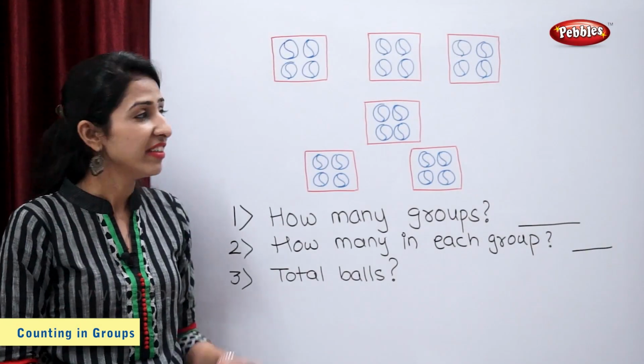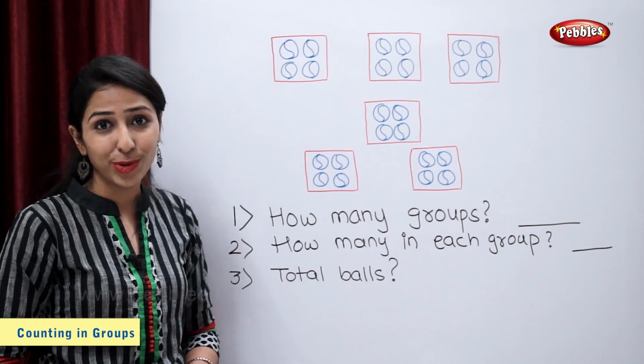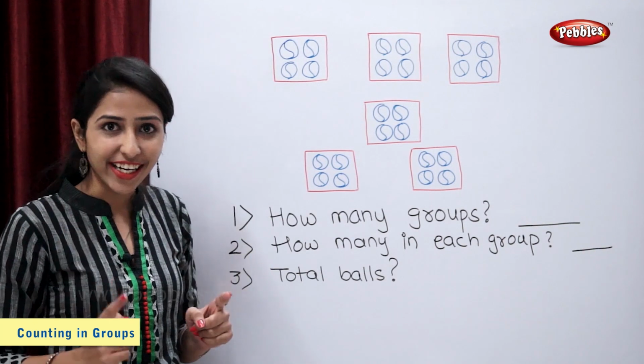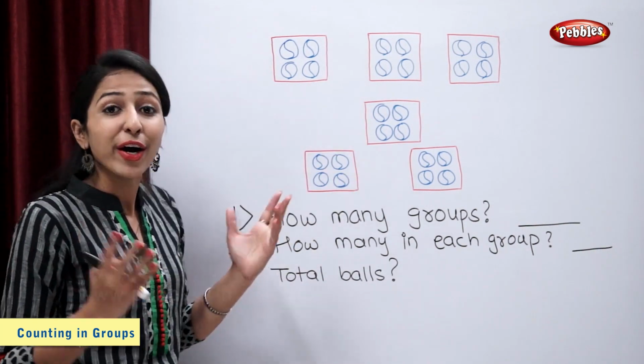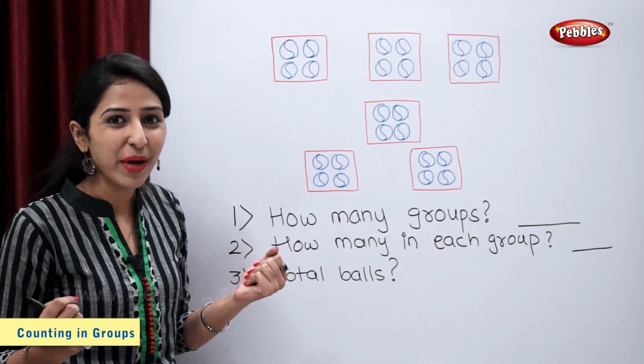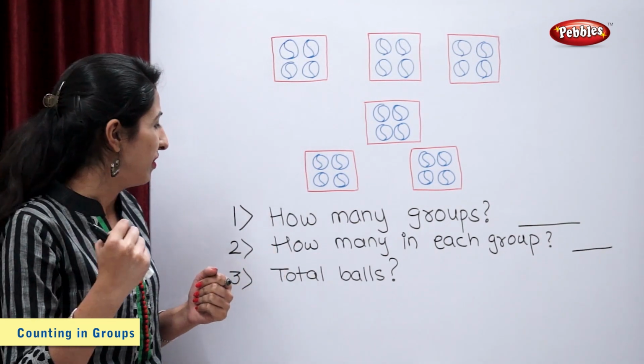Now let us solve this example. Students, there are some balls on the board. These balls are arranged in groups. So, look at these groups and answer my questions. Let us solve.